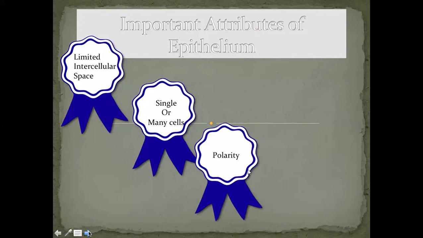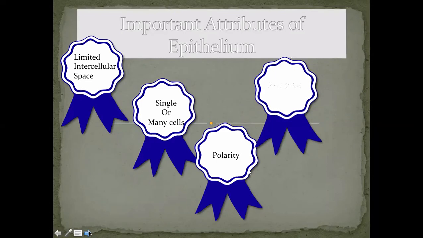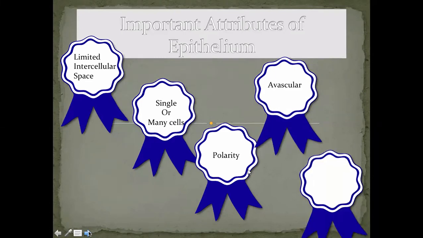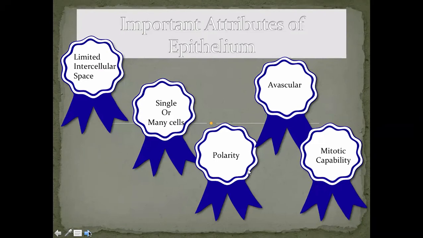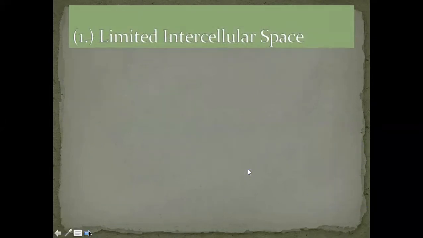Number three, epithelium exhibits polarity. Number four, epithelium is avascular. And number five, epithelium has mitotic capability. So let's go through these one by one. The first attribute is limited intercellular space.